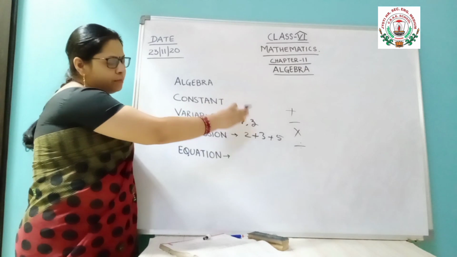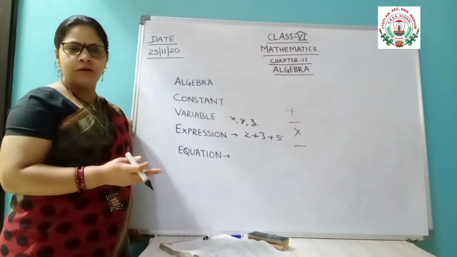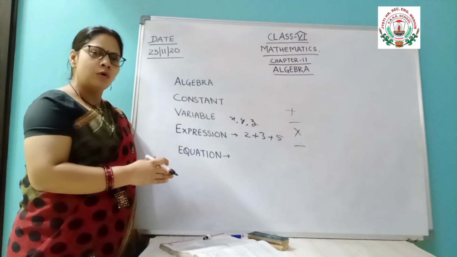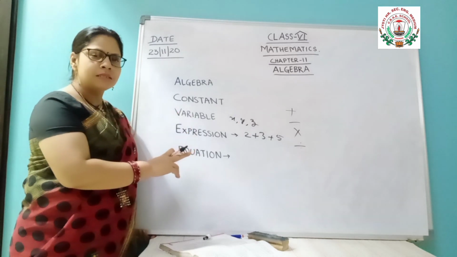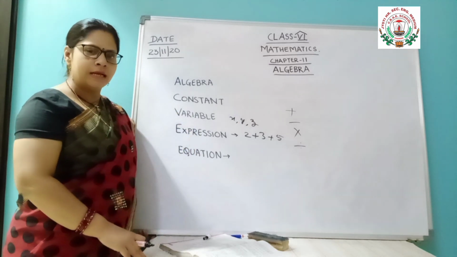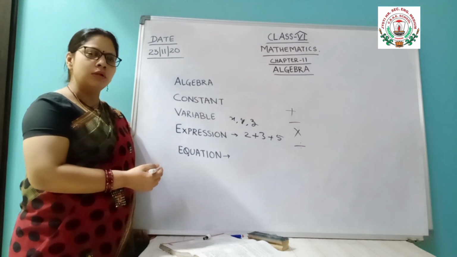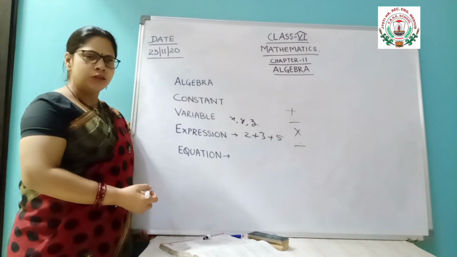Two or more numbers connected by one or more operations is called an expression. If only numbers are there, it is called a numerical expression. Along with that, if alphabets are also used, it is called an algebraic expression.